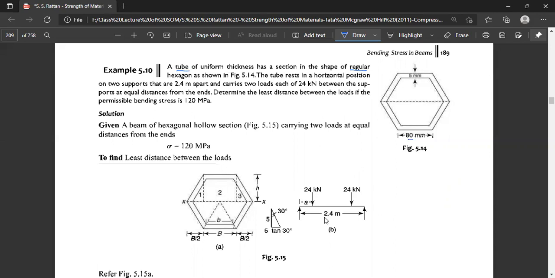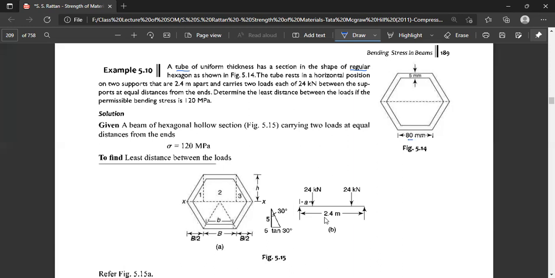It is supported at both ends and carries loads of 24 kilonewton and 24 kilonewton, applied at equal distance from both the left end and the right end. We are supposed to find the distance between these applied loads.